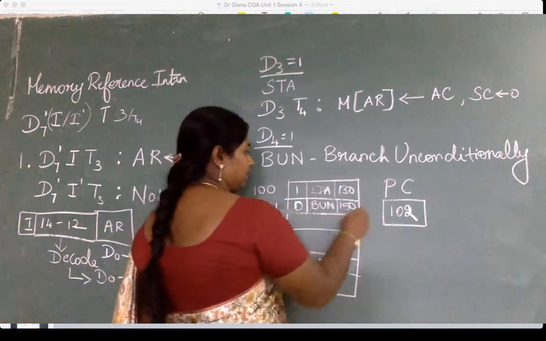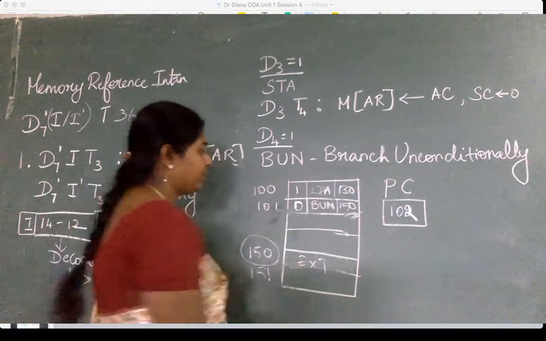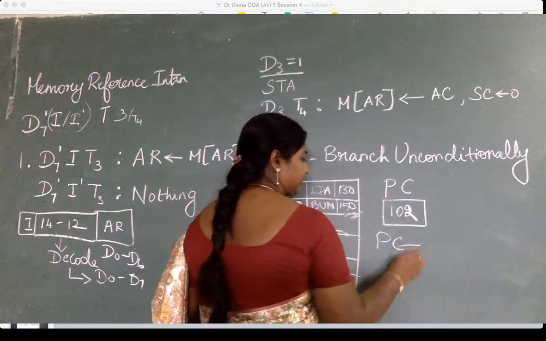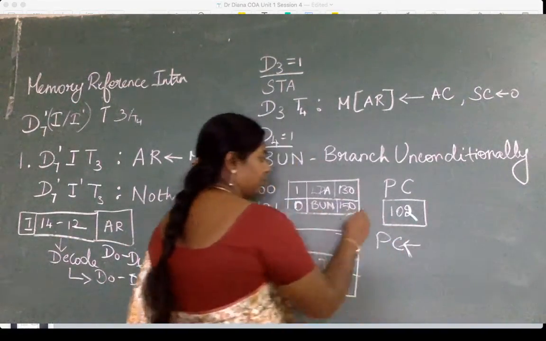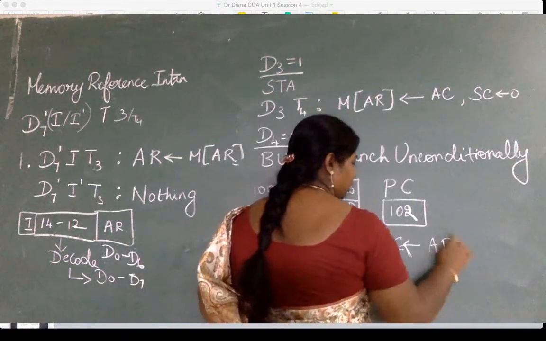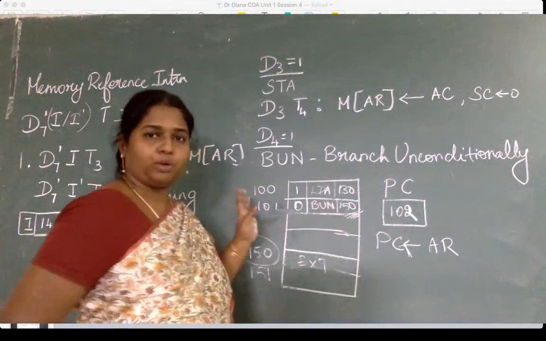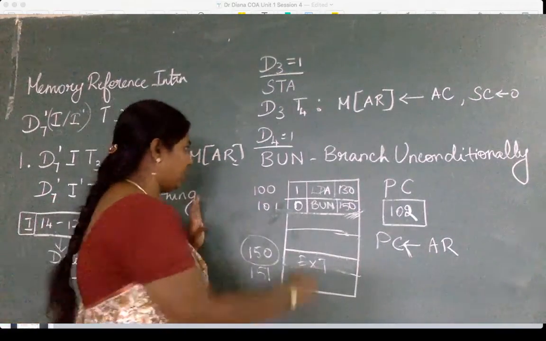My program counter value has to be updated from the content of the address register. The address register content is directly put inside the program counter to indicate which instruction I am going to execute next.